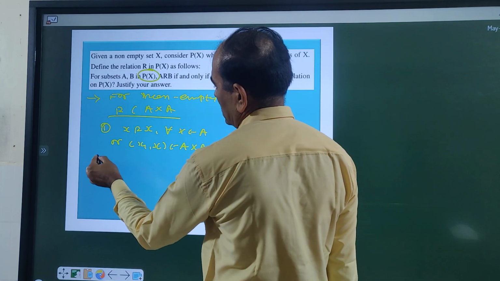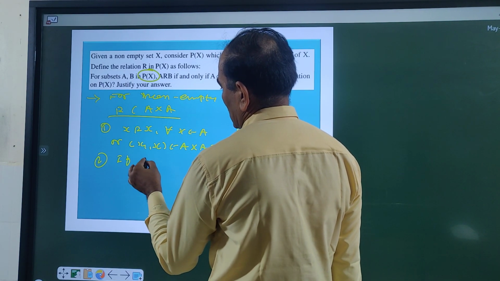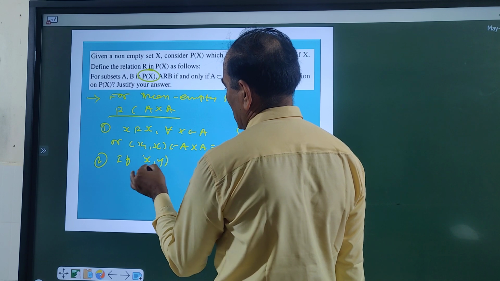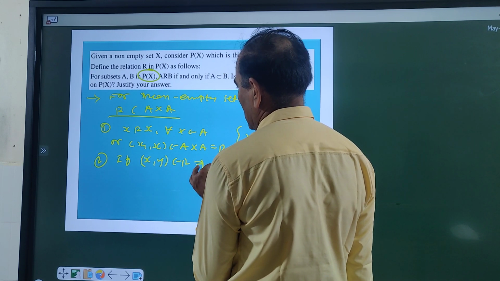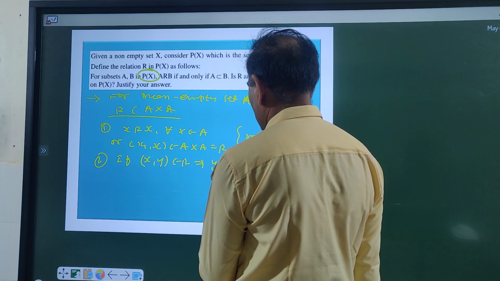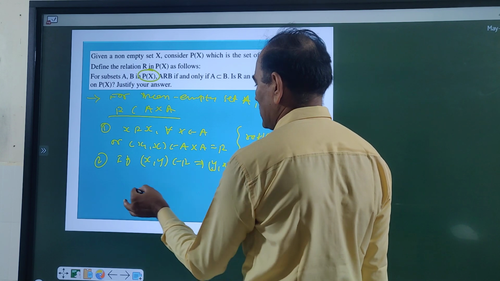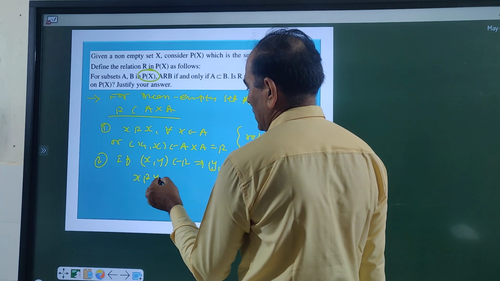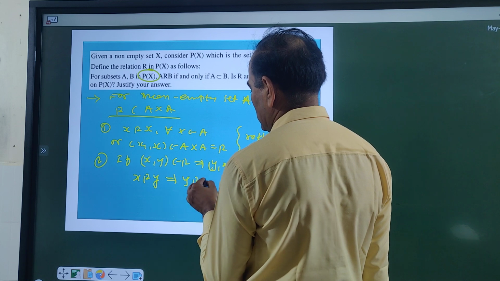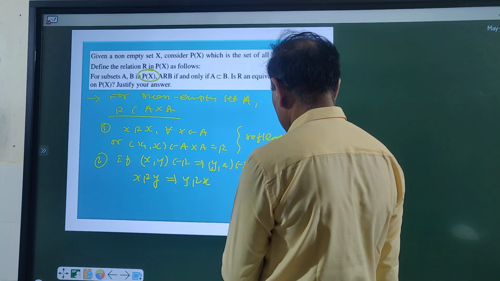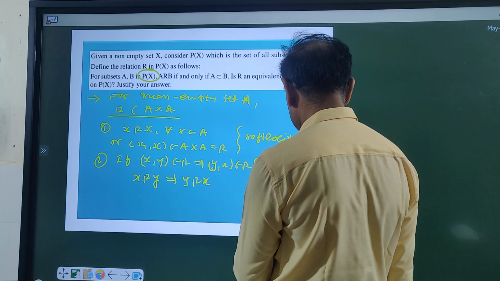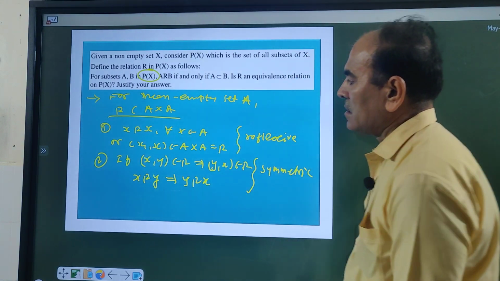Second thing, if (x, y) belongs to R implies (y, x) belongs to R, meaning x R y implies y R x, then such a relation is a symmetric relation.